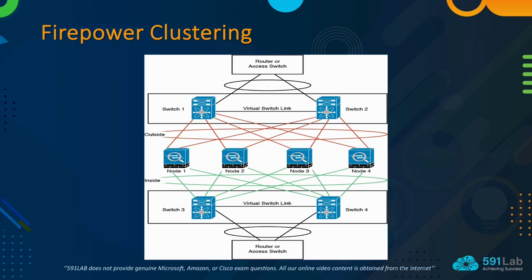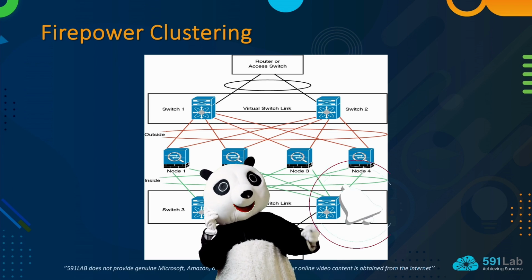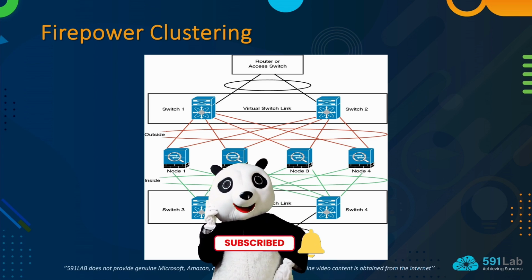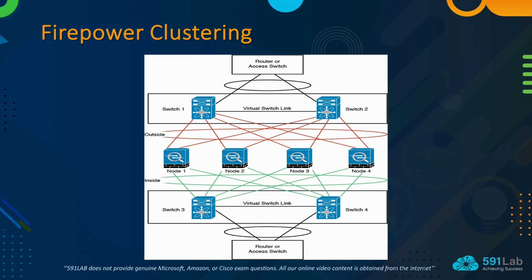Cisco FTD clustering is a technology that allows you to group multiple Firepower Threat Defense devices together to act as a single logical device. This can provide a number of benefits, including increased scalability, redundancy, and performance.